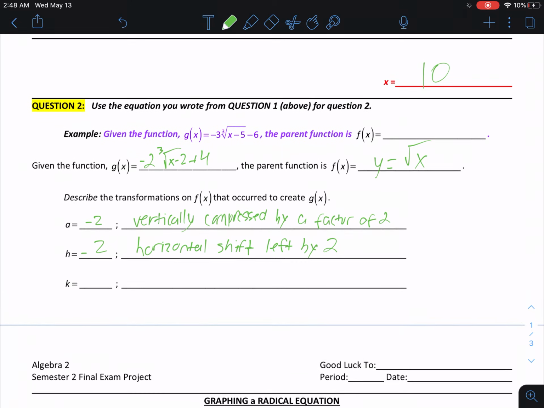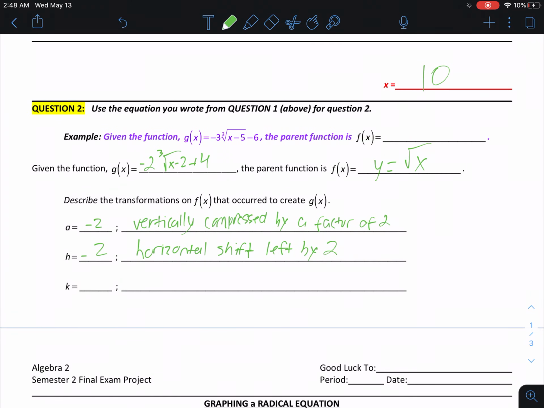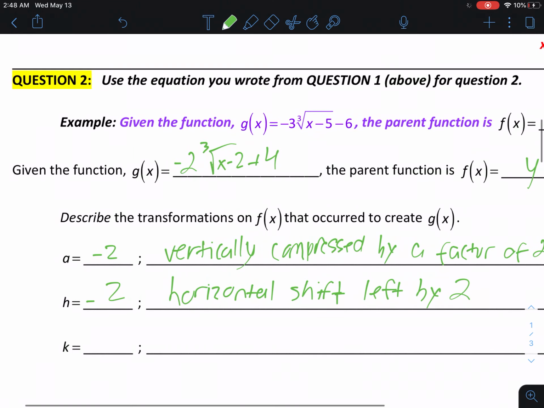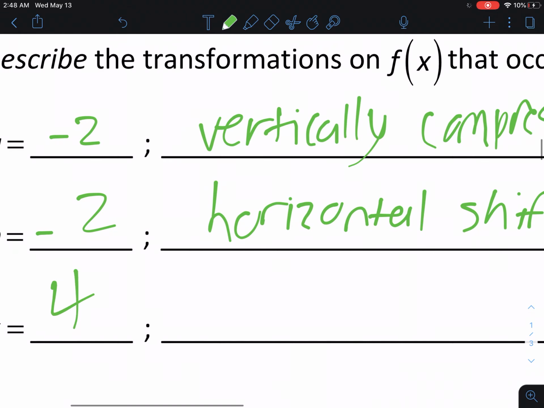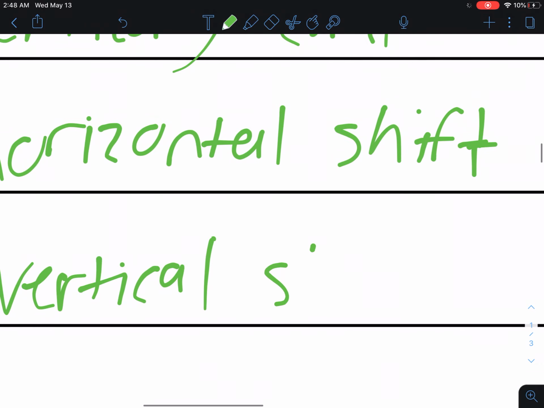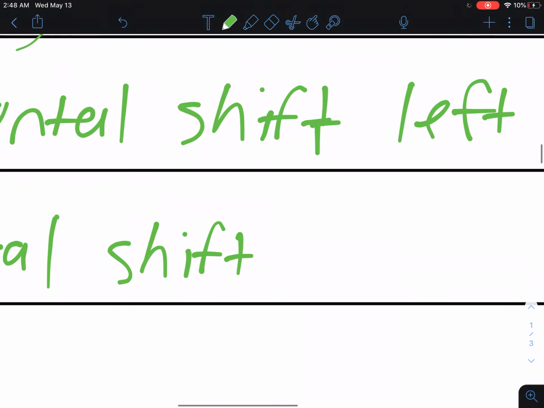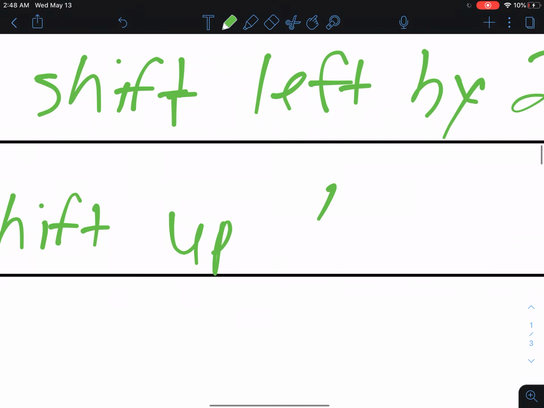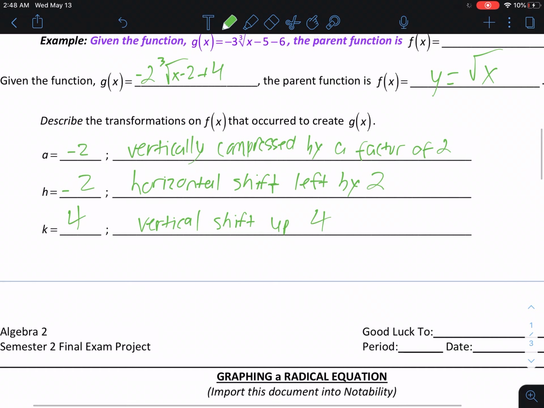So this is left again because the negative 2 is negative, obviously, and it's shifted left by 2 because h equals 2, or negative 2. Now for k is 4, so it's a vertical shift up 4, and it's up because 4 is positive.